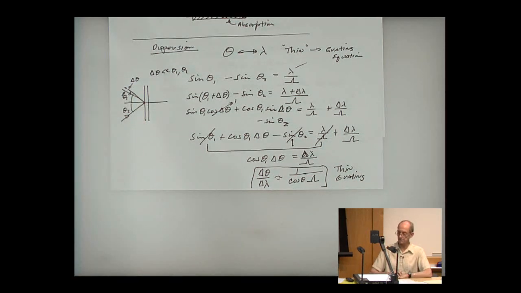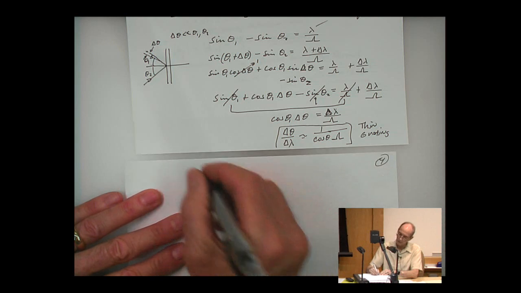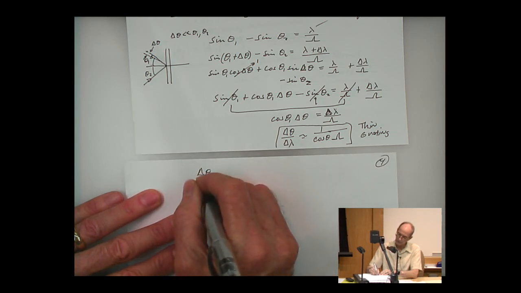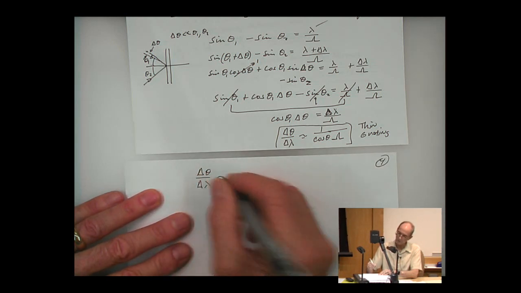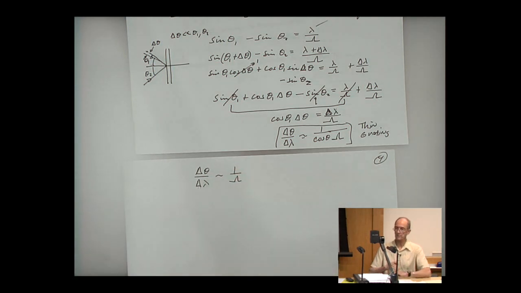And notice that cosine theta is a fairly slow changing function of angle. So really it's a function of this delta theta, delta lambda. We can think of this really as being a function of just the inverse of that period, right? Kind of makes sense.